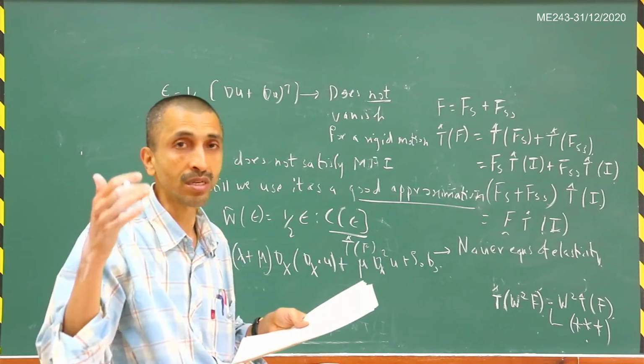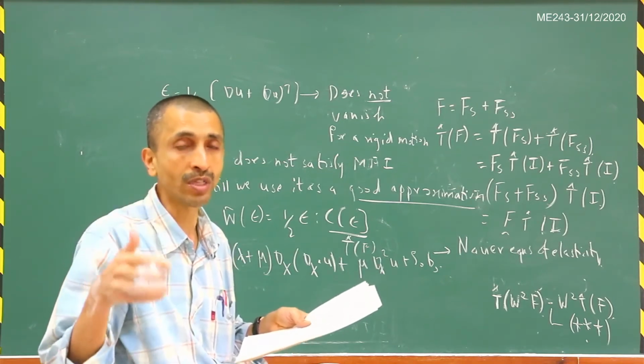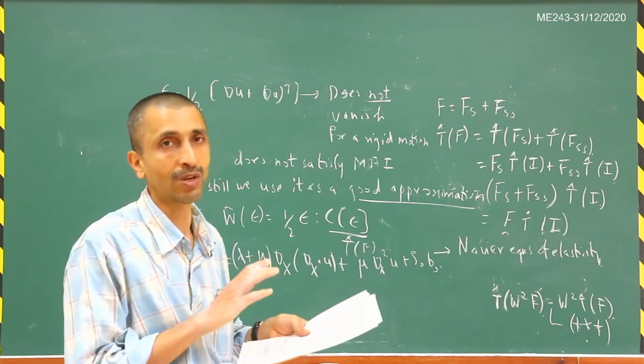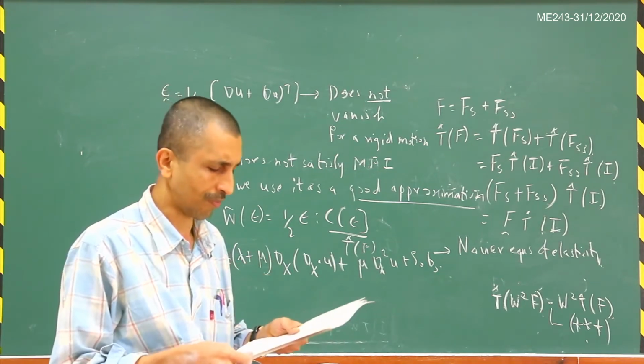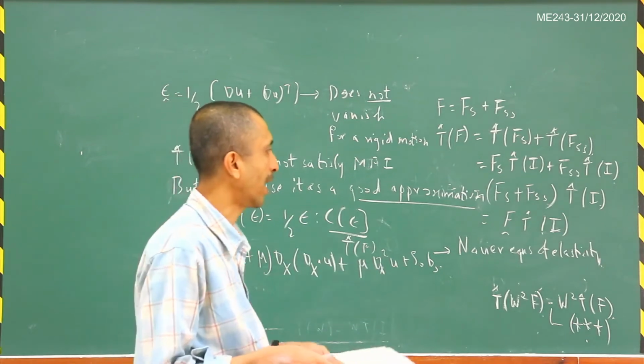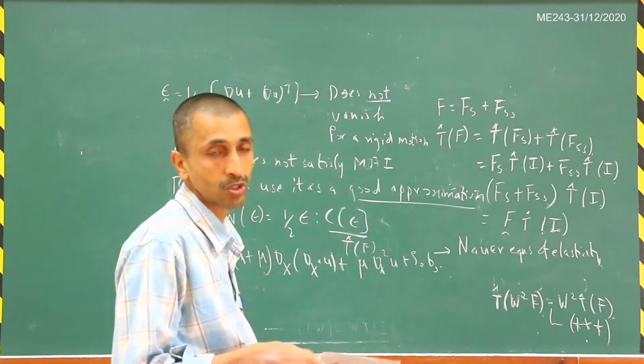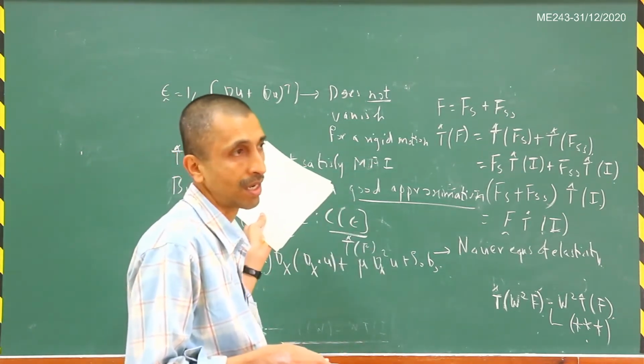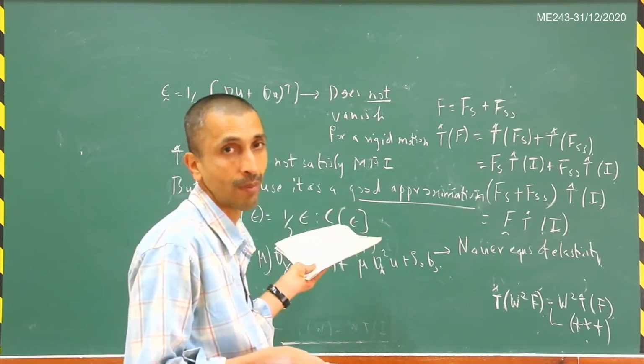So by a systematic linearization of all these various aspects, we get to the linear theory of elasticity. So that is the idea here, and as I said, it violates most of the axioms, but we still adopt it as a good approximation here.